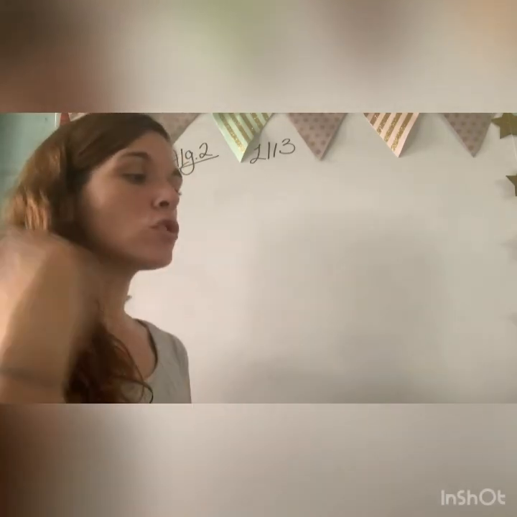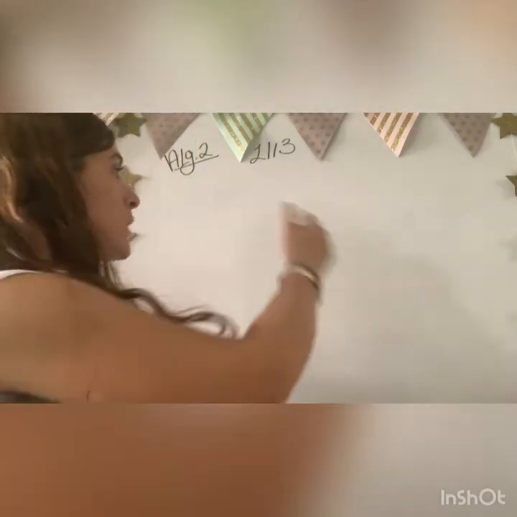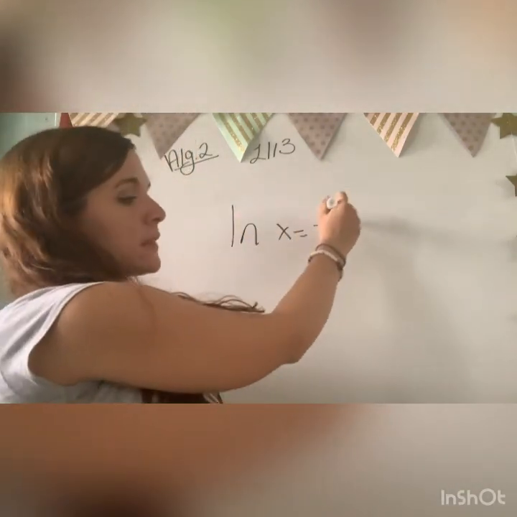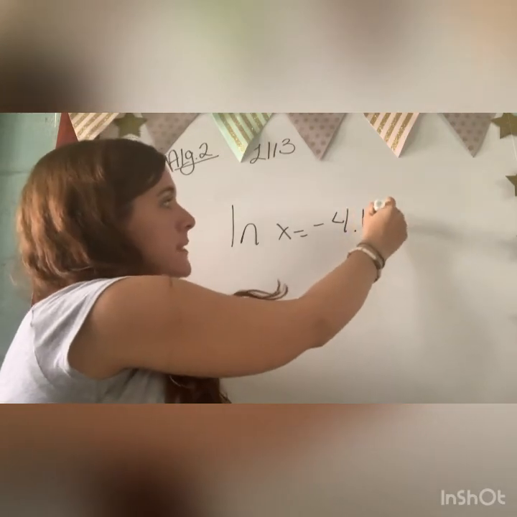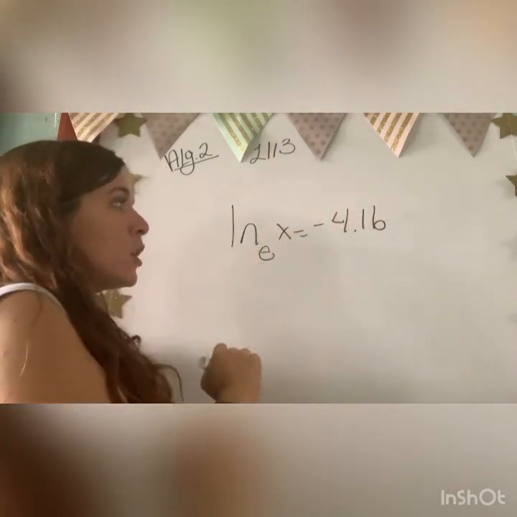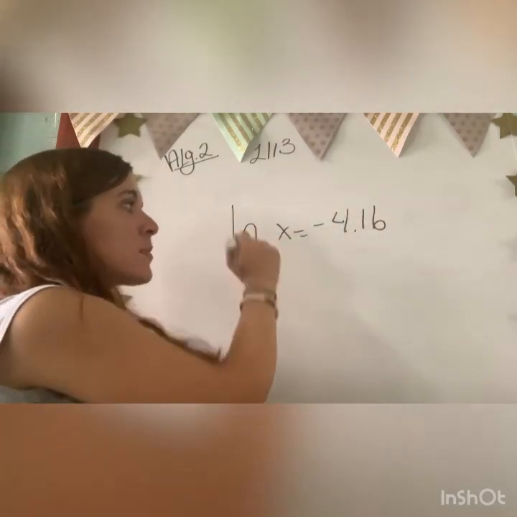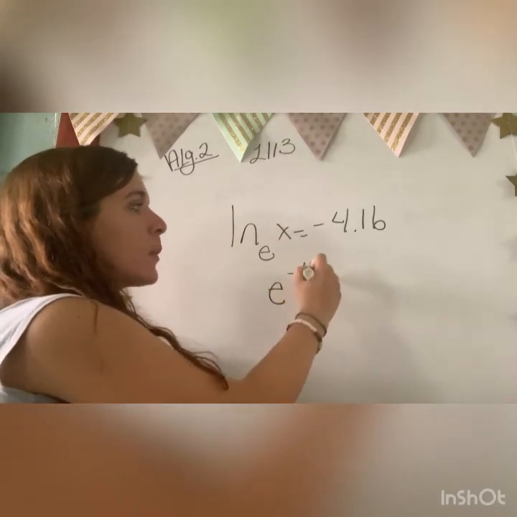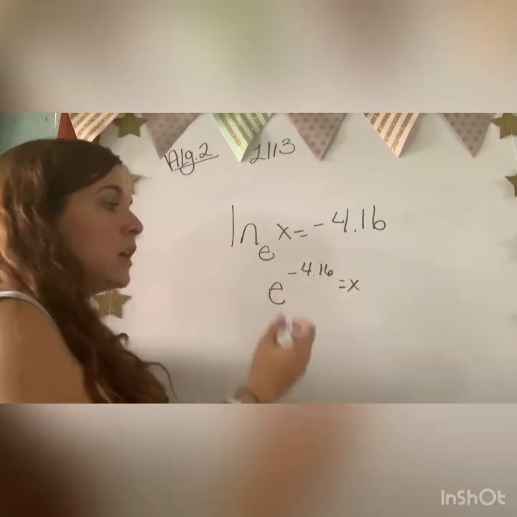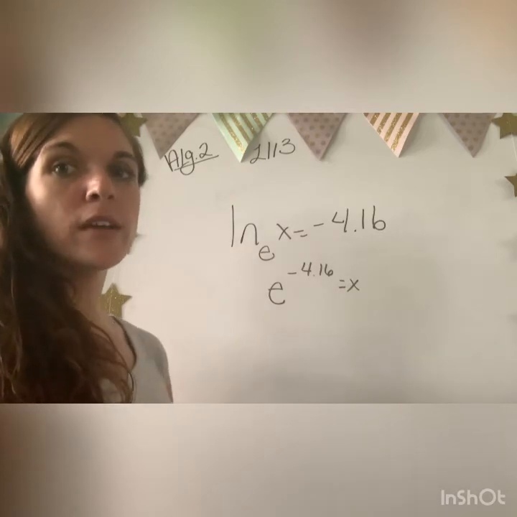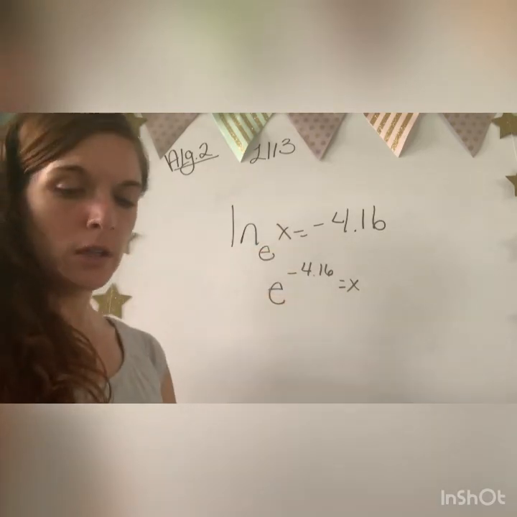Look at letter C. So natural log x, negative 4.16. I want to show this to you visually. Natural log x equals negative 4.16. Here is your e. So what are you saying? Because that's your invisible base. That means e to the negative 4.16 equals x. So that's exactly what you put in your calculator. The inverse log.